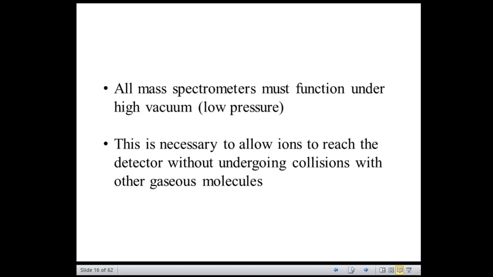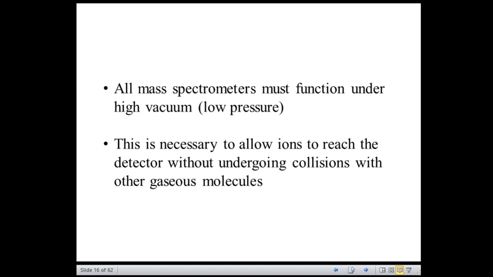Your detector and the mass analyzer analyze and detect based on mass to charge ratio. So if you observe any collisions, then that would produce a deviation of the trajectory or the path, and the ion would lose its charge.